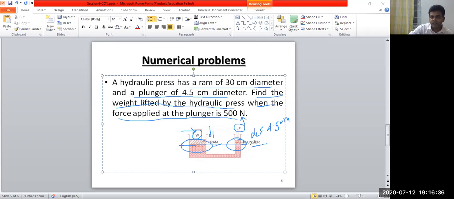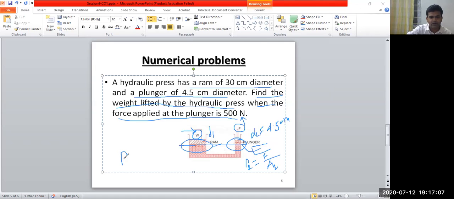So at the plunger point, what is the pressure P2? Pressure equals force upon area. Force is given, 500 Newton, F upon area A2. Suppose this section is D2, this is P2. Now this ram section is P1.